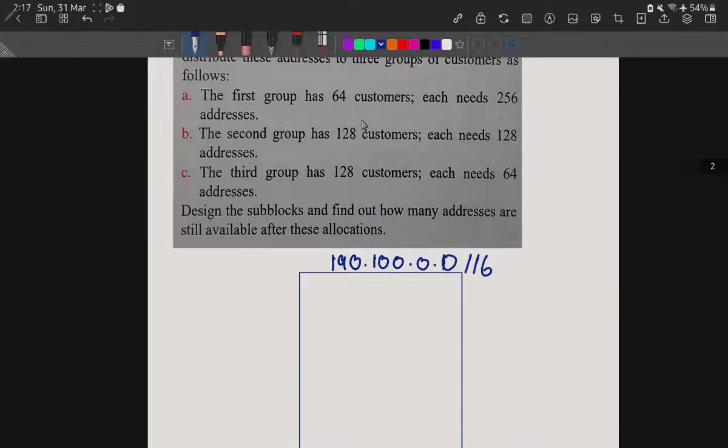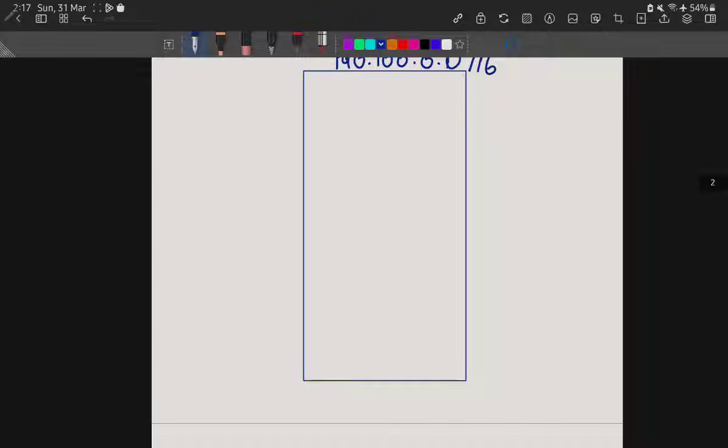Now within this big subnet, within this big address space, we have group 1.